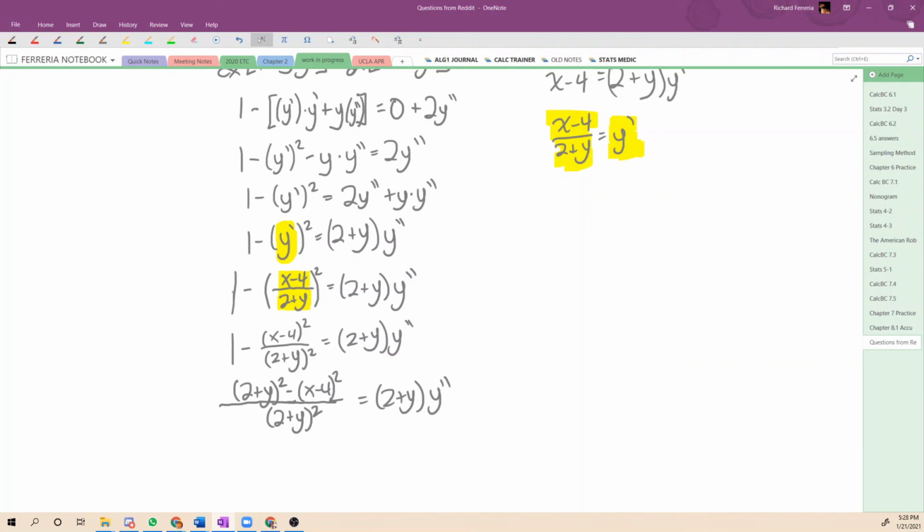And now the last thing to do is divide by 2 plus y. And that's going to be equal to y double prime equals the quantity of 2 plus y squared minus the quantity of x minus 4 squared over the quantity of 2 plus y cubed.